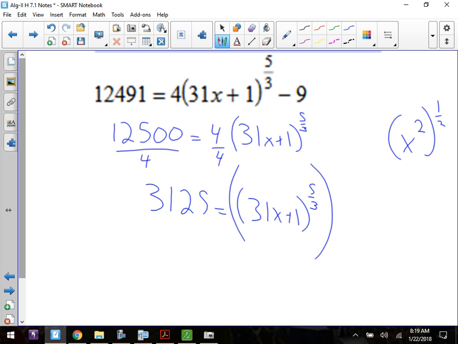So what you're going to do is go to the 3/5. In your calculator, you can probably take a guess at what the fifth root of 3125 is. What is it, the last number in that? 5. A lot of these numbers work real clean.